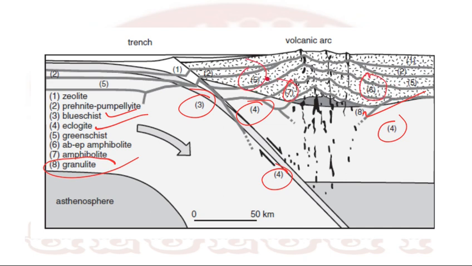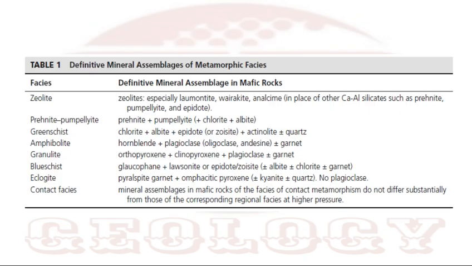Six, seven, five are greenschist and amphibolite. Six is your contact metamorphism, albite epidote amphibolite. Seven is amphibolite. Five is your greenschist. Clear?